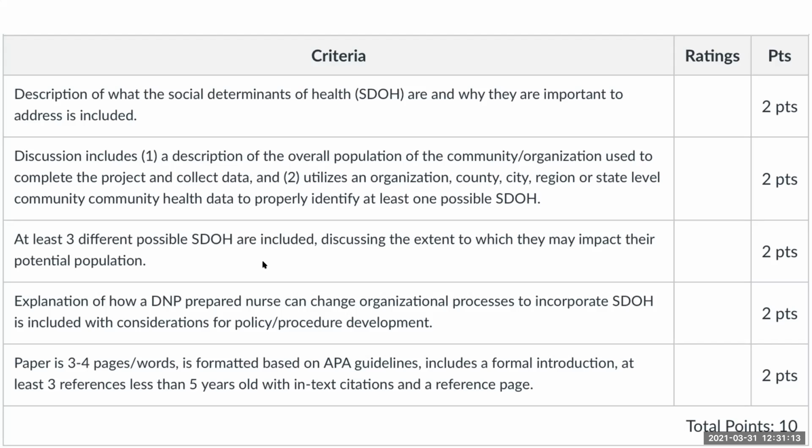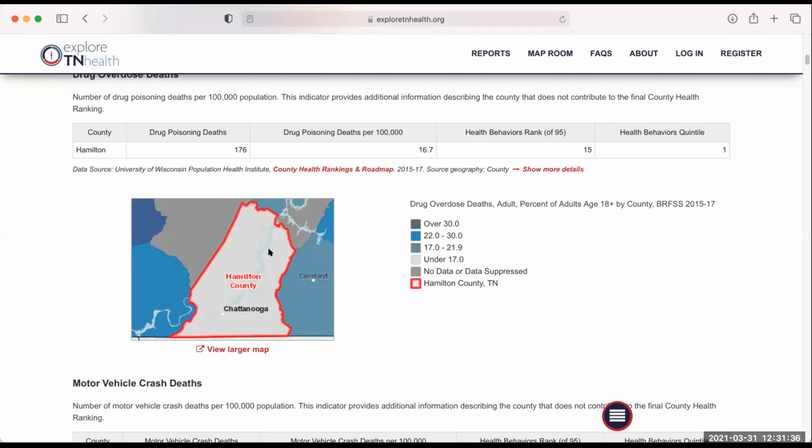We're looking at the lower drug overdose rate, which is a huge impactor on individual health, so this is a positive impactor. And then, for example, the food desert would be a negative impactor. So you have to look at these and interpret them. You don't want to just list them and say, this is an important determinant.